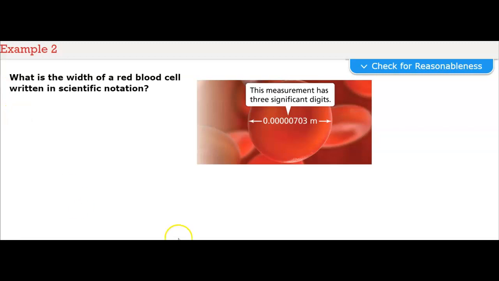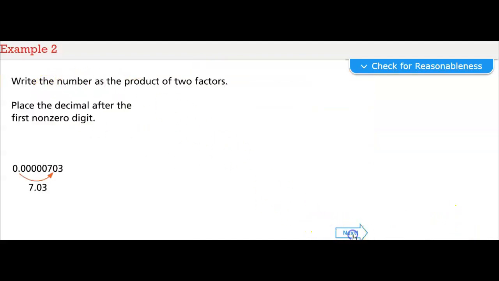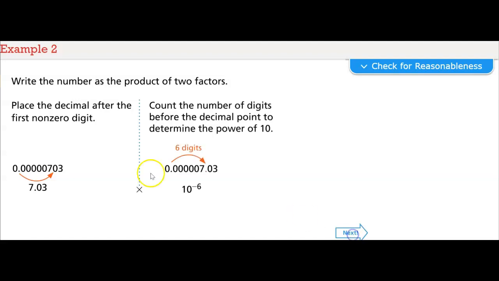What is the width of a red blood cell written in scientific notation? This measurement has 3 significant digits. Write the number as the product of 2 factors. Place the decimal after the first non-zero. Count the number of digits to determine the power of 10.